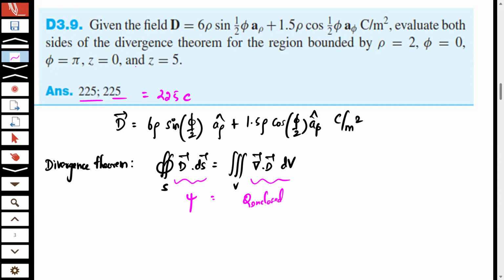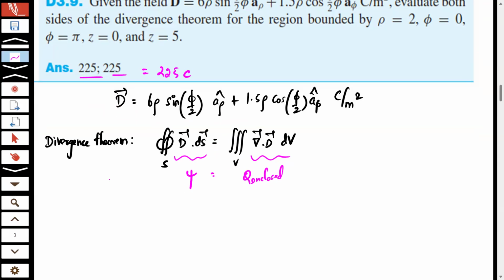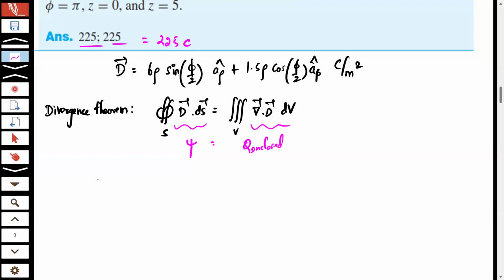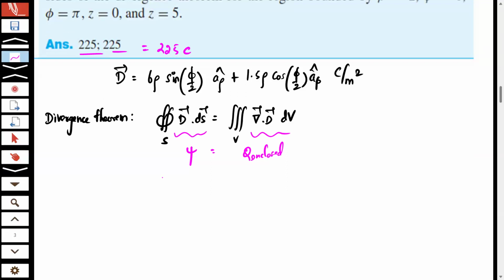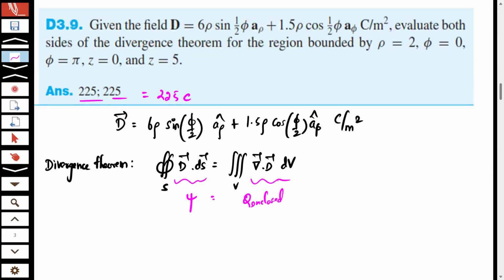So let us verify that. First start with evaluation of surface integration. Let me write the surfaces here for our convenience, then we can write the proper integrations. So closed surface integration D dot dS. One surface is rho equals 2, D dot dS.